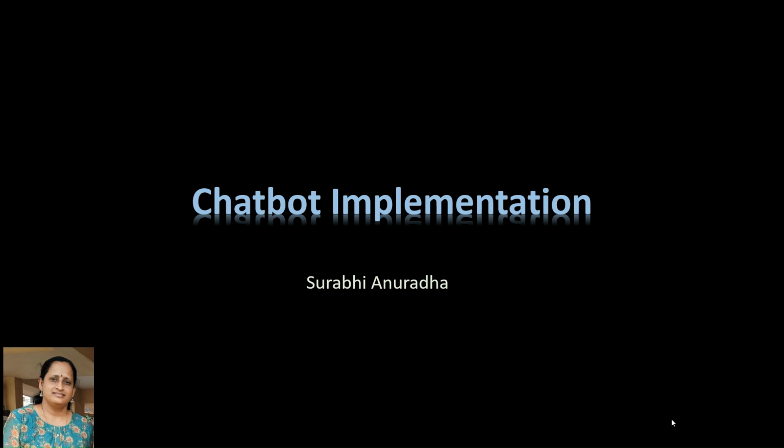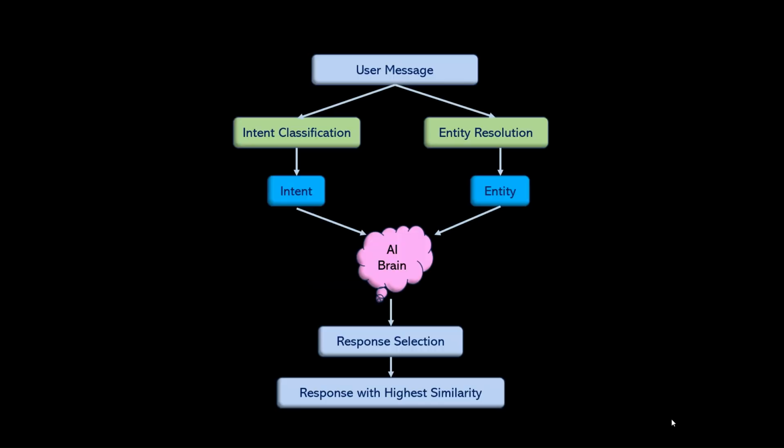So these AI powered assistants simulate human conversation, enabling users to get information, make transactions, and receive support without human intervention. Moving on, for any chatbot, whether it is a self-learning intelligent chatbot or a rule-based one, certain steps are common. It all starts with the user message that initiates the conversation.